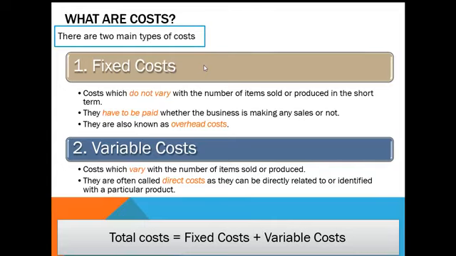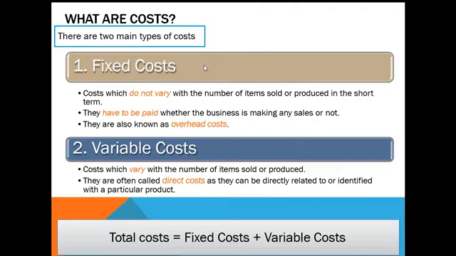In other words, fixed costs are the costs that you incur whether production takes place or not. Another word for fixed costs is overhead costs. They have to be paid, whether the business is making sales or not.